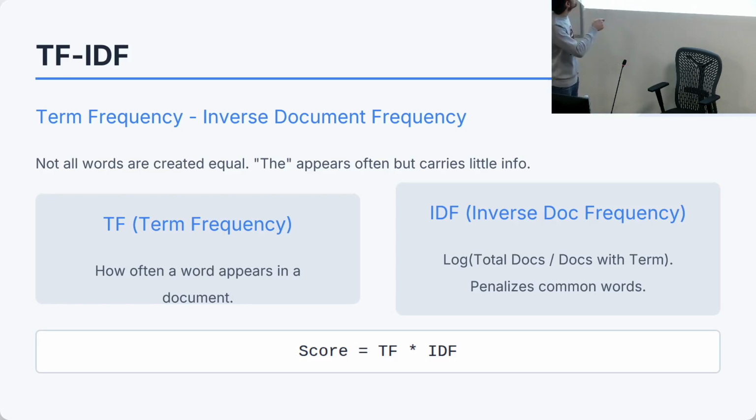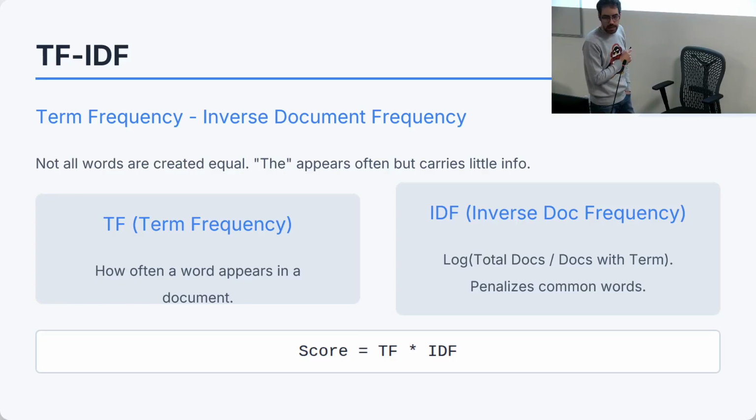So basically, in this TF-IDF representation format, what you do is assign to every word a score that is computed by multiplying two separate terms. The frequency of a term, so how often a word appears in a document. It can be a raw number, it can be a percentage, we don't care.